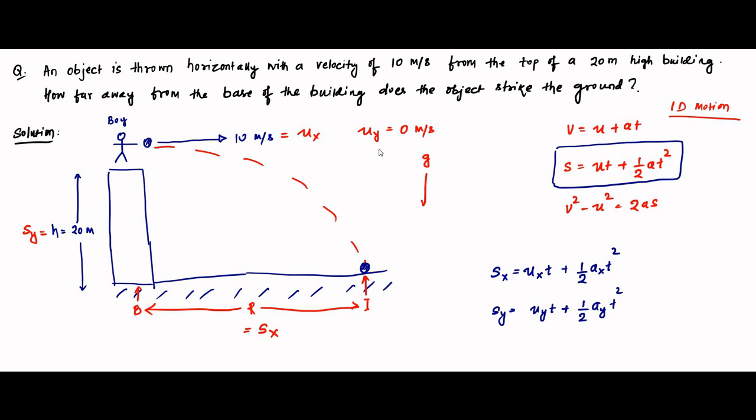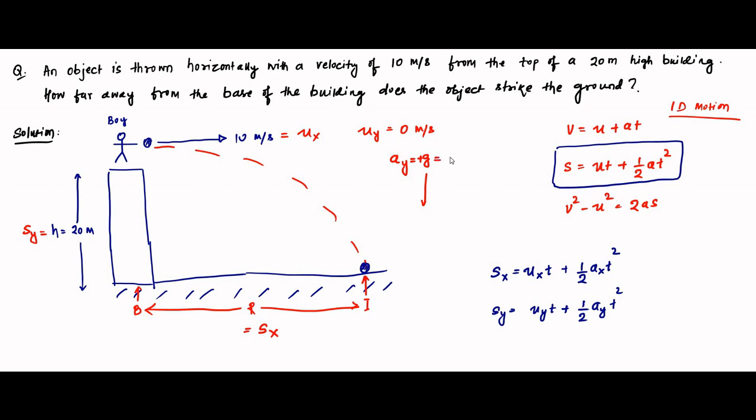We have studied in motion in a plane that for the vertical motion, initial velocity is 0, so only acceleration due to gravity is propelling it downward. Acceleration due to gravity is in the same direction as the vertical motion of the stone. So Ay is equal to plus g.